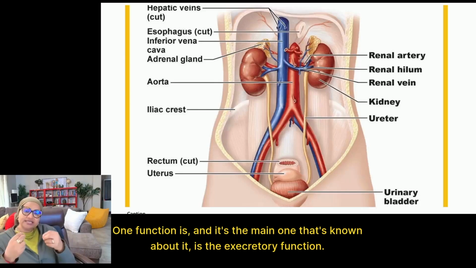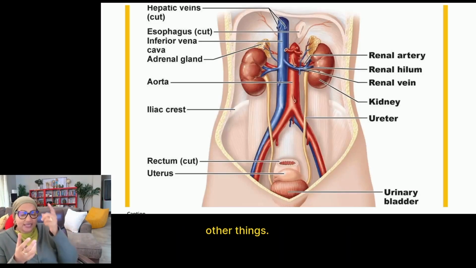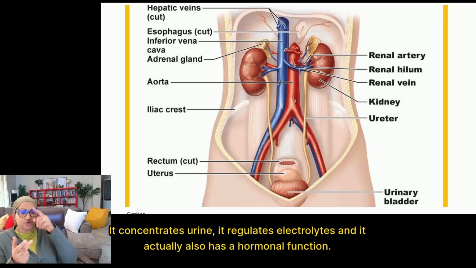One function, and it's the main one that's known, is the excretory function. The renal system is involved with excreting waste products, and in the process, it does a lot of other things. It concentrates urine, it regulates electrolytes, and it also has a hormonal function.